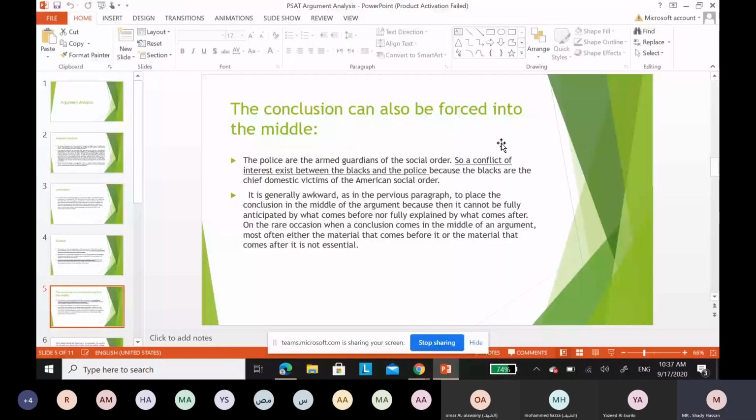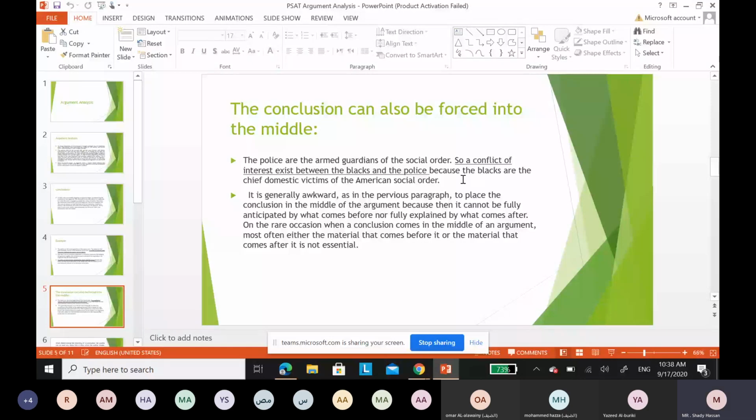It's generally awkward because we said that in most cases you're going to find a conclusion by the end. Sometimes you're going to find it at the beginning, and seldom, or maybe you're not going to find it in between or in the middle. So when you find it in the middle, it's somehow awkward.